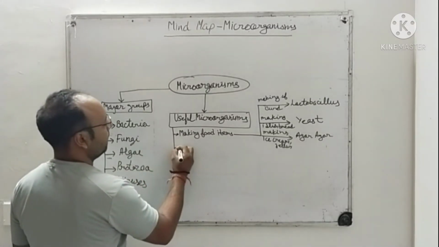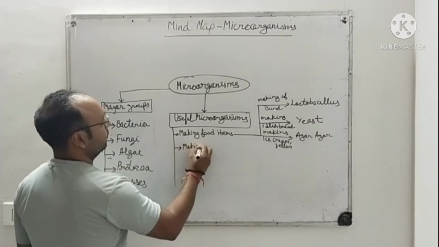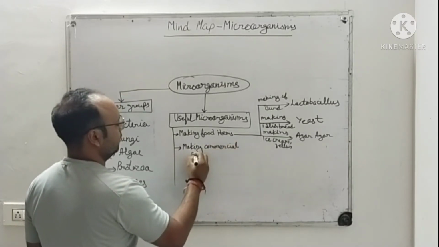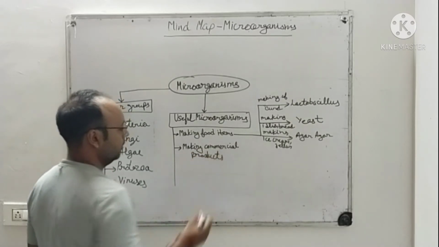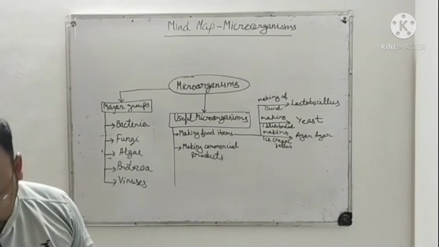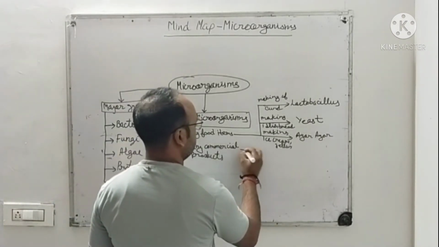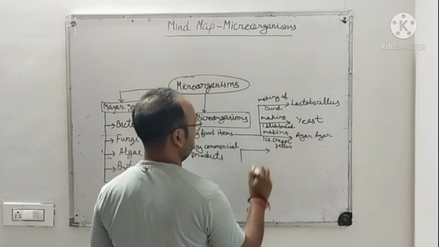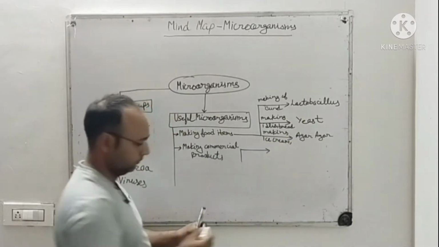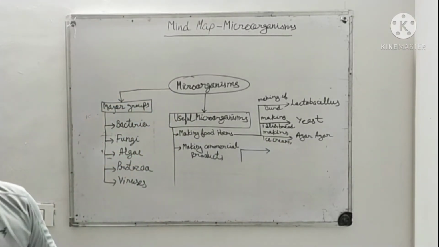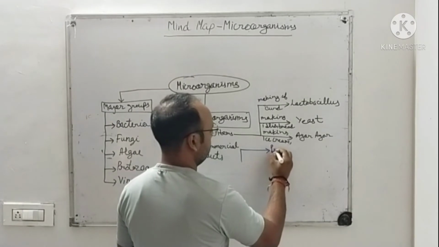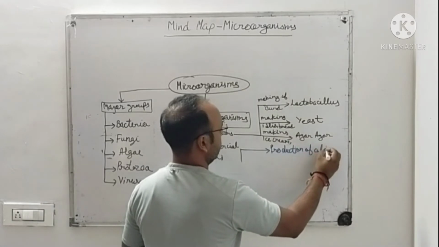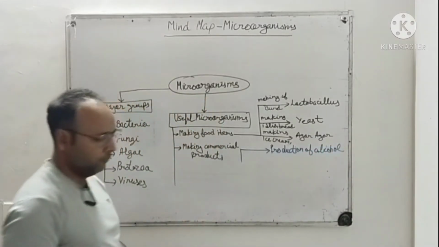Now, if I talk about making commercial products. So what are these commercial products? Let us discuss the first one, that is production of alcohol, beer, by the process of fermentation.